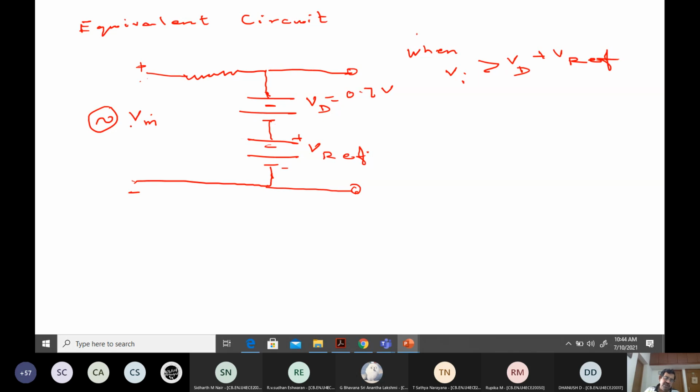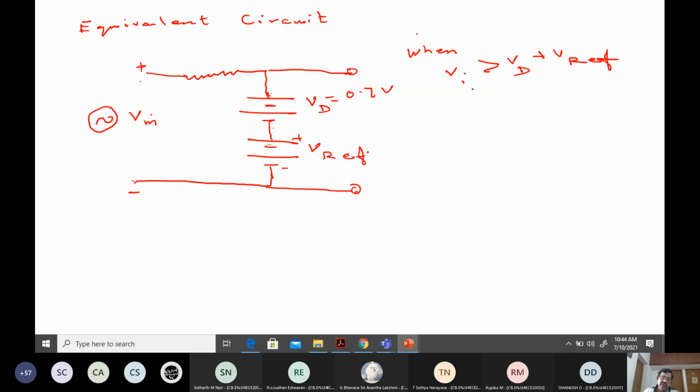If the input is 4 volt, and this V reference is 5 volt, I am applying 4 here, which means the voltage at the cathode will be greater than the anode. This is plus 5, whereas this is 4, in which case the diode will not conduct.